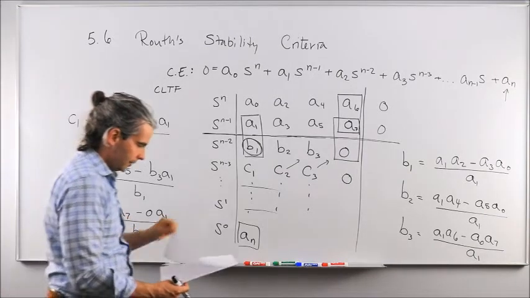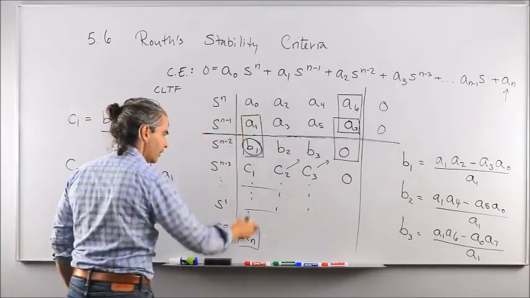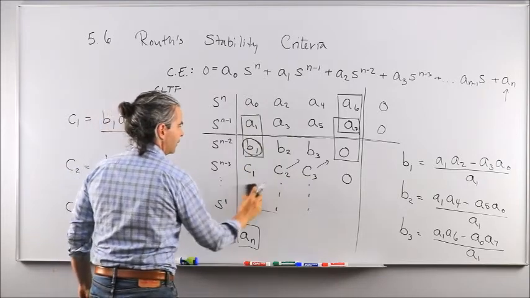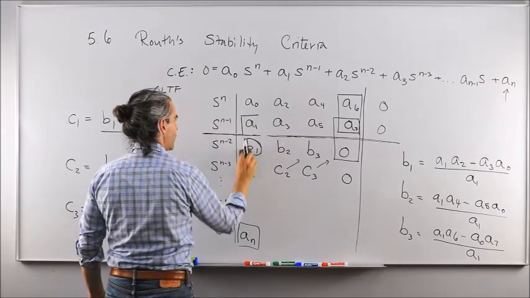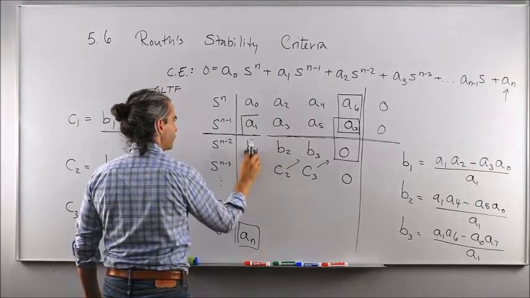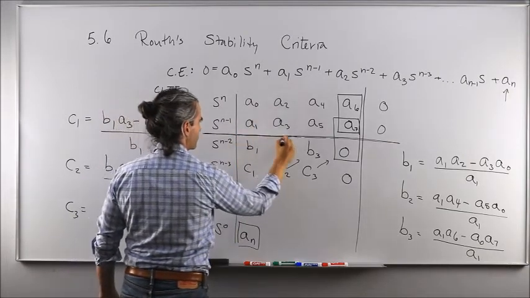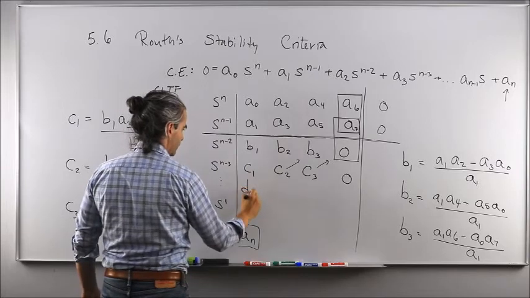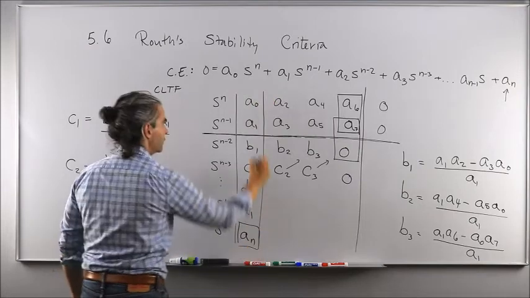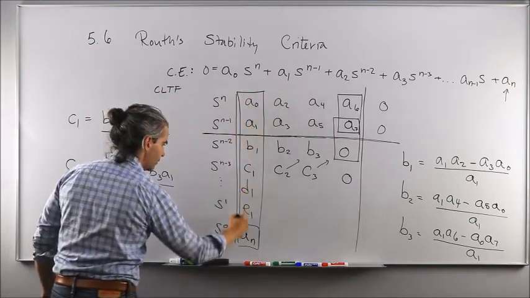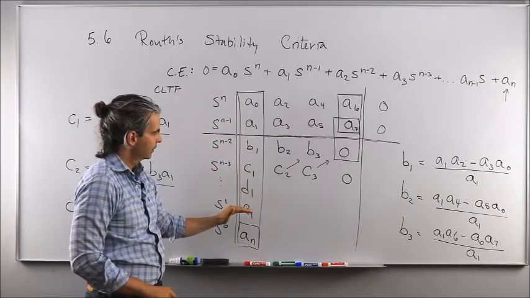So hope it makes sense. And then, once you fill all the entries for all the rows in the routes array, you're going to have a look at the entries in the first column of this array. Let's say E. Okay? So you're going to look at all those entries. First column only. And you're going to look at the signs of those.